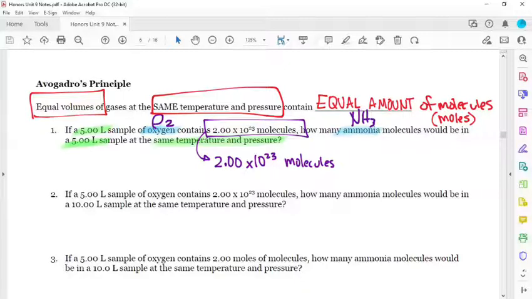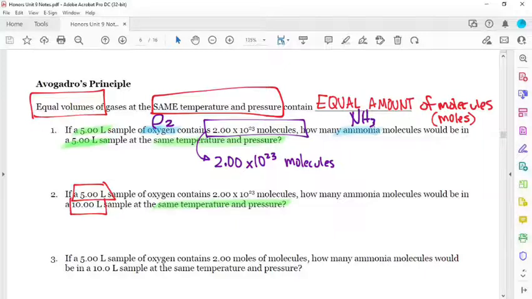Now, that's very useful and all, but we hardly ever have everything exactly perfectly the same. But as long as we stay at the same temperature and pressure, even if our gas volumes are different, they're going to remain proportional. So here we still are dealing with oxygen and ammonia, and I know exactly how many oxygen molecules I have. But now I have my ammonia in a container that's twice as big.